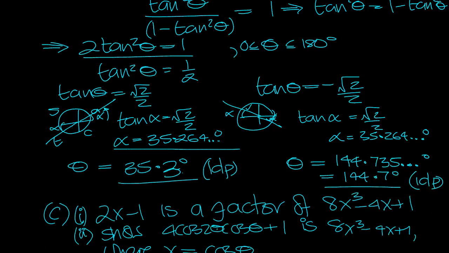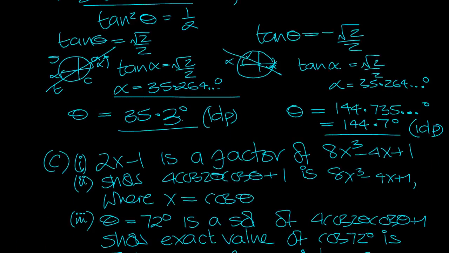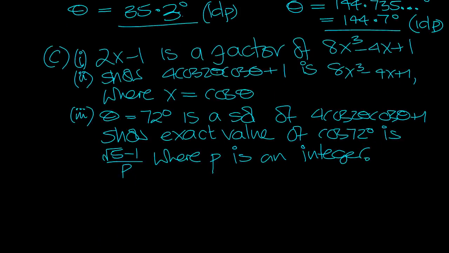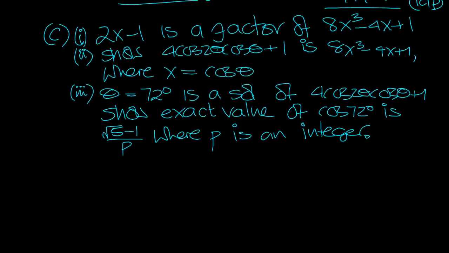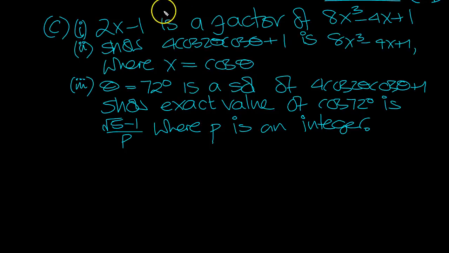Okay, that's part B done then. Let's move on to part C. It's a long question. Let's have a look at this one. Got it here. This is a factor of this.